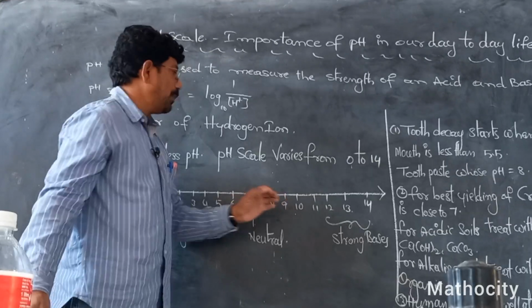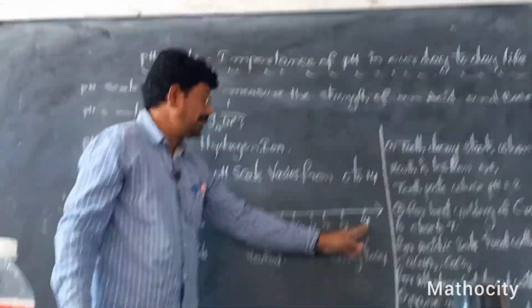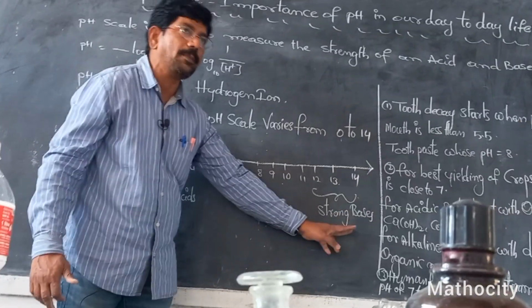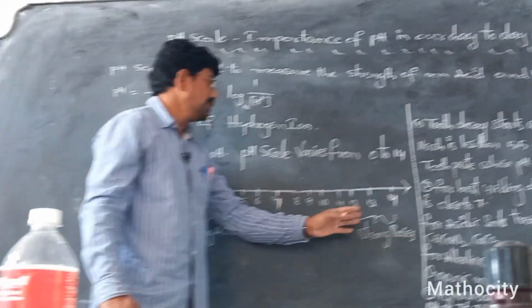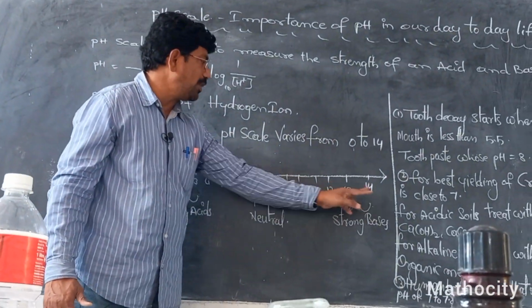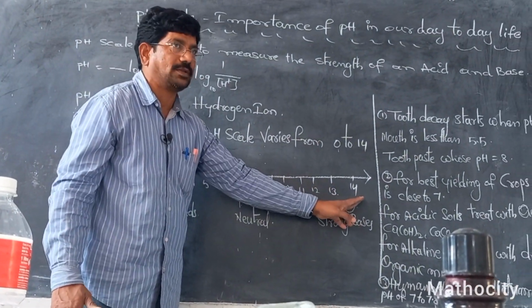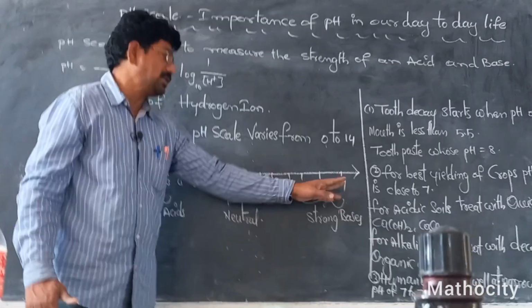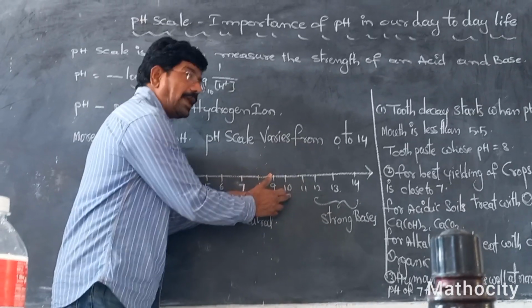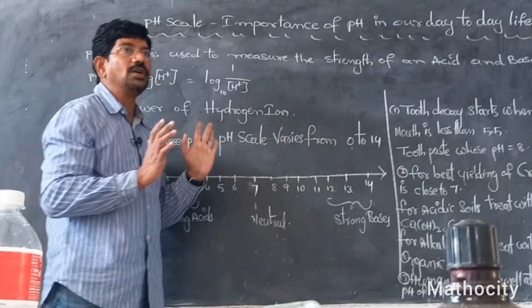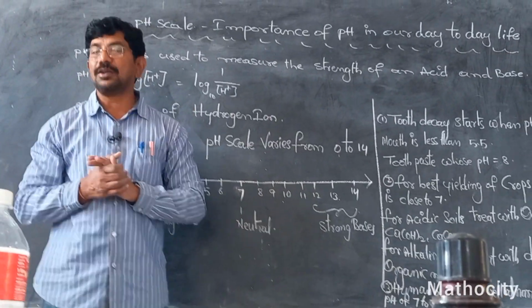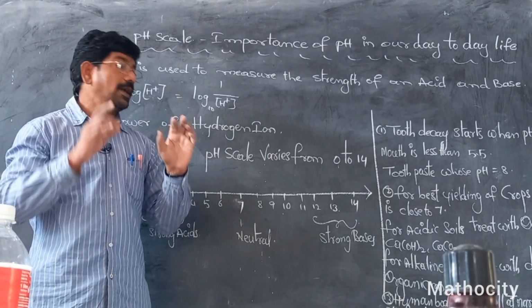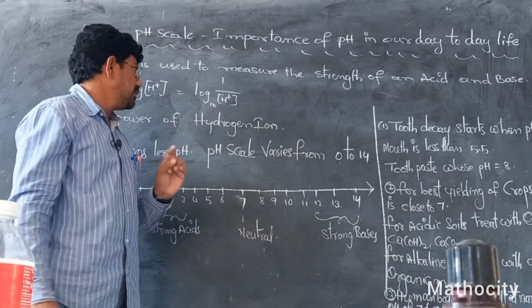if the pH increases, they are considered strong bases. When compared with 12 and 14, 14 is the strongest base. When compared with 8 and 14, 14 is the strongest base. When compared with 8 and 10, 10 is the stronger base. In the annual examination, they will give questions related to pH.